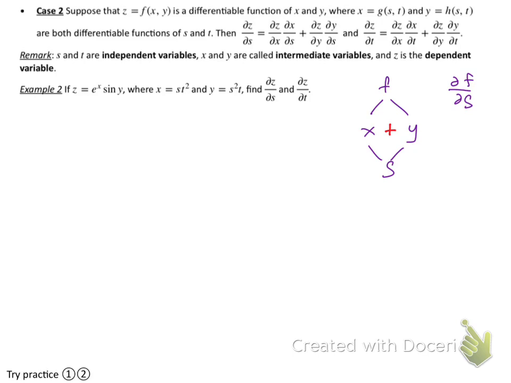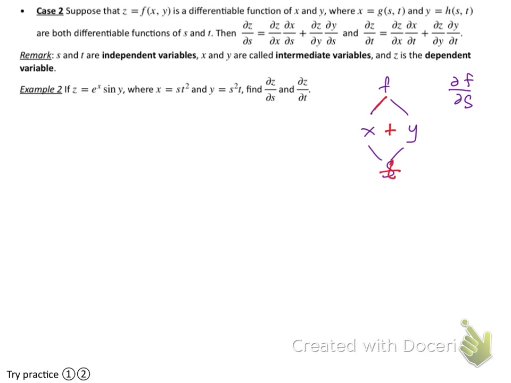Remember, your f depends on x and y. x depends on s and t. y also depends on s and t. So at the end, your function f, or the variable corresponding to f, which is z, depends on two variables, s and t. So you can start over another round with just s or t. So t here.